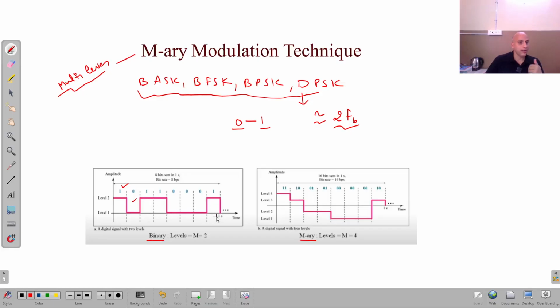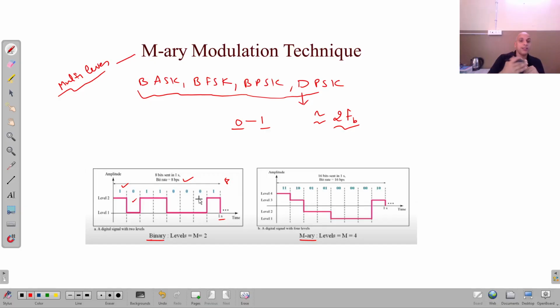If the time period of the cycle is 1 second, then in 1 second I have 1, 2, 3, 4, 5, 6, 7, 8 samples. You can see here the bit rate is equal to 8 bits per second. In 1 second I have 8 bits or 8 samples.